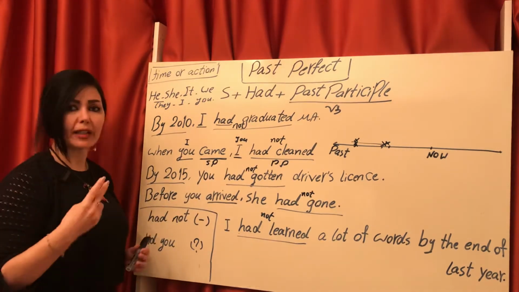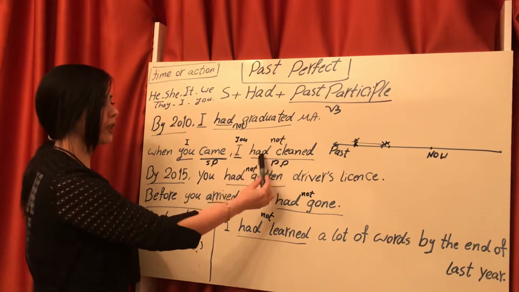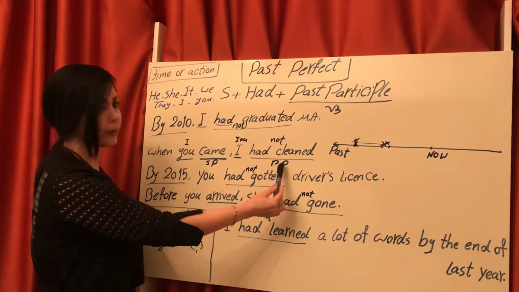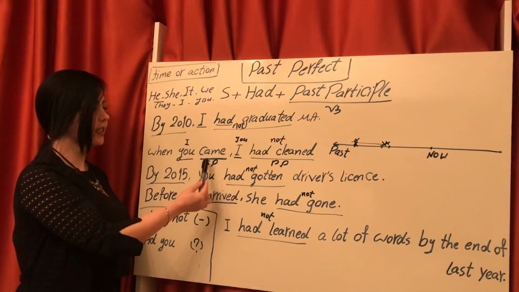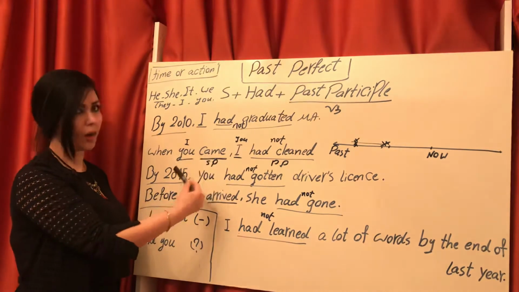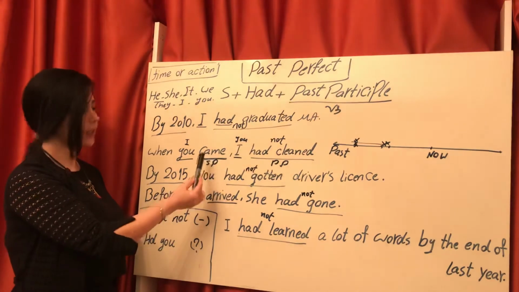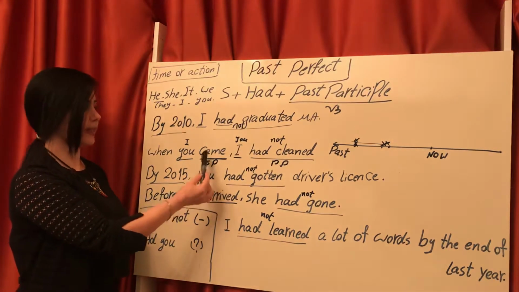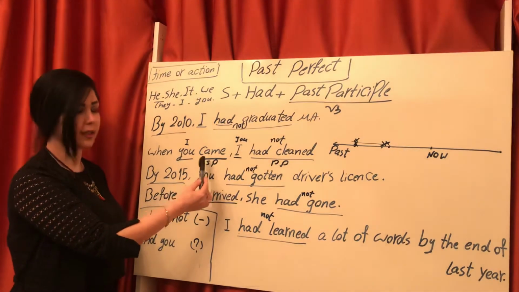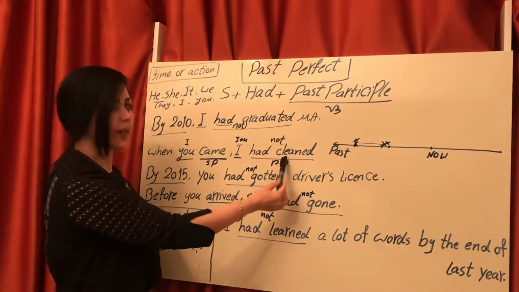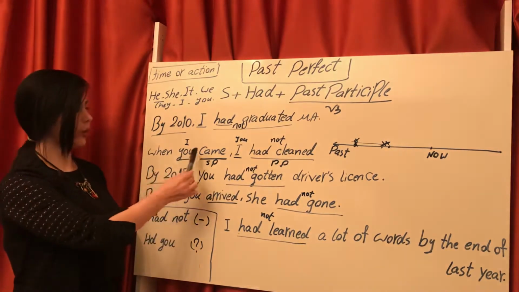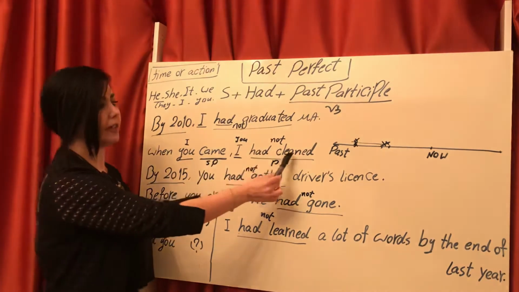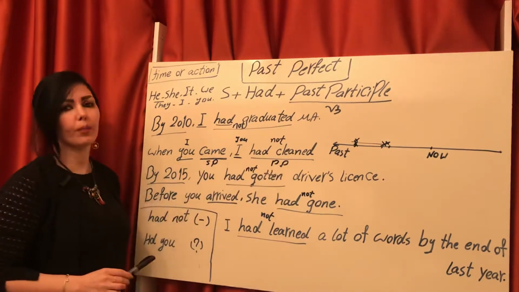So, two actions. For the first one we use past perfect, and for the second one simple past. Come, came. Okay? We use simple past for the second action and past perfect for the first action.